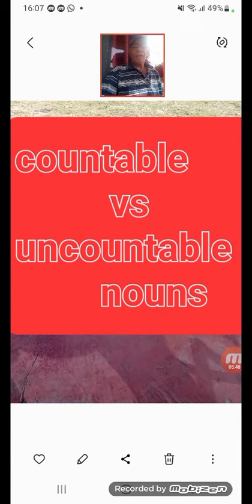There are many exceptions to this general rule, and you have just to practice. Practice makes perfect. A lot of practice will show you the way to differentiate between countable and uncountable nouns.